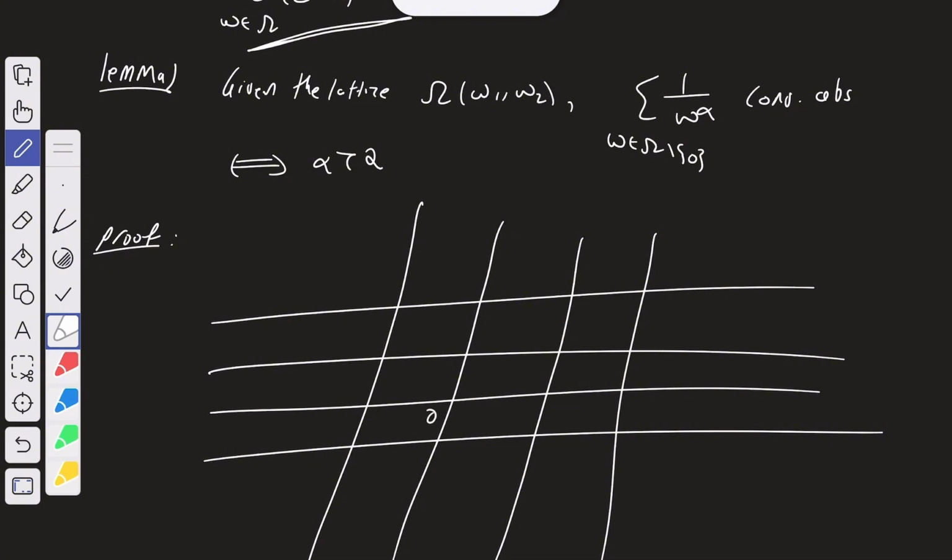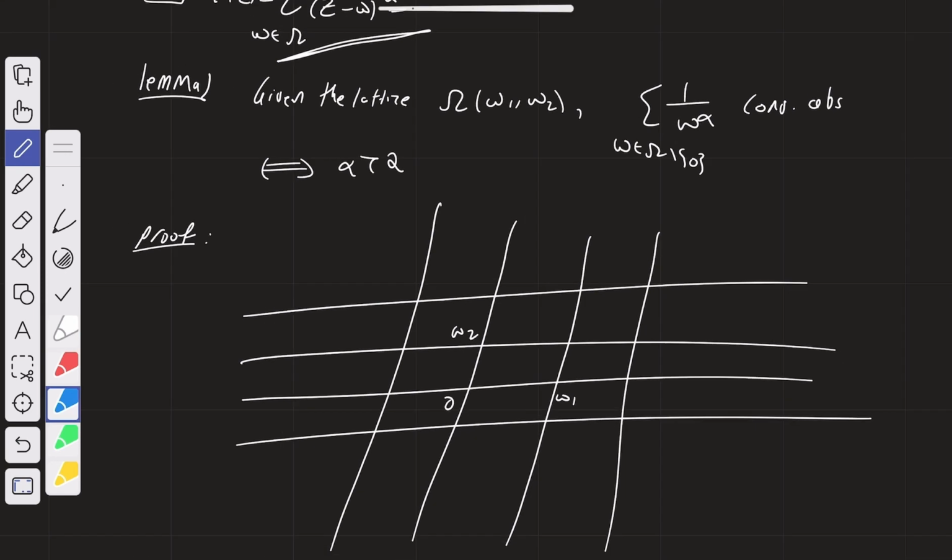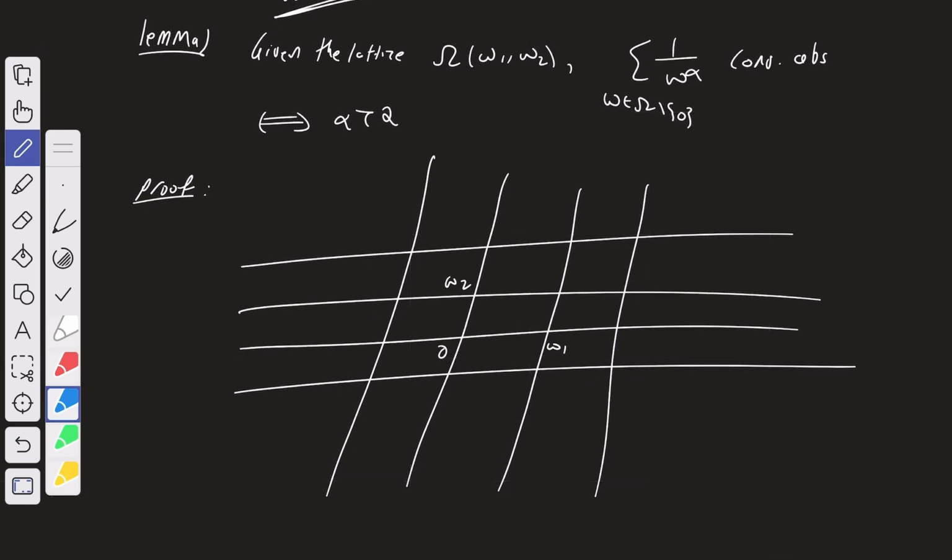And say this is 0, this is omega 1, and this is omega 2. What we're going to do is consider the annulus, and by that I mean, let's consider a circle here, and we consider a bigger circle.